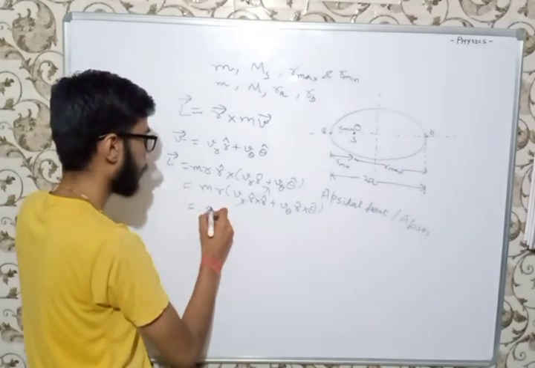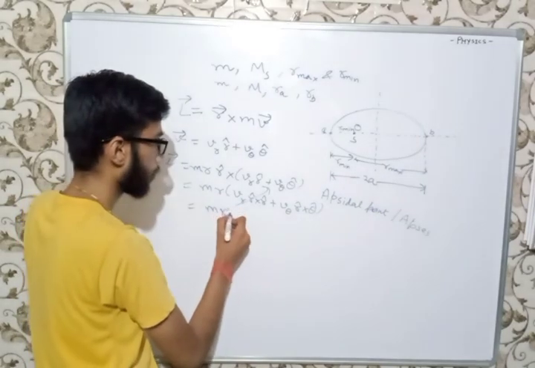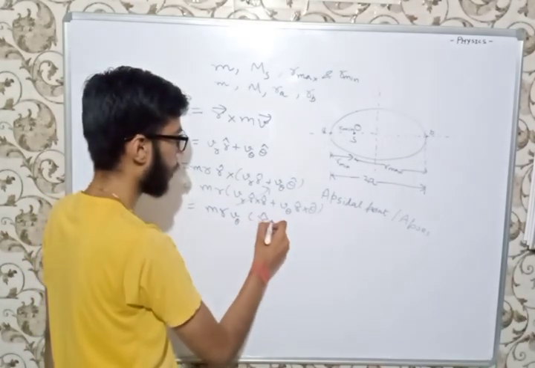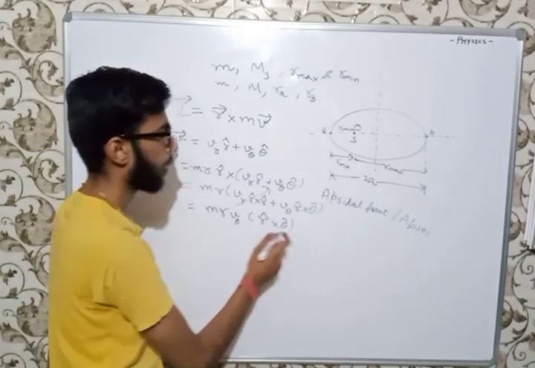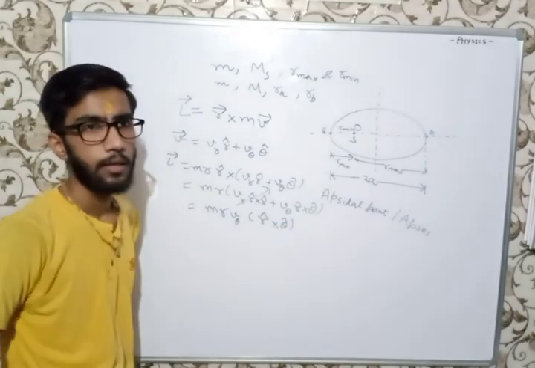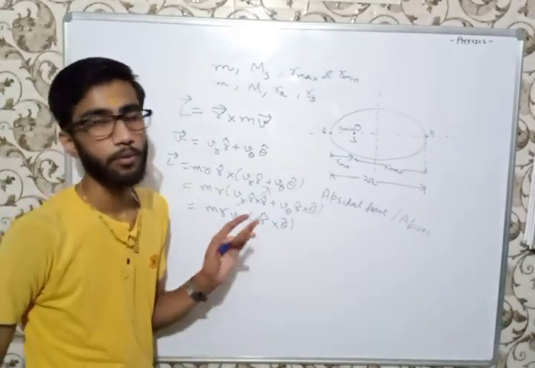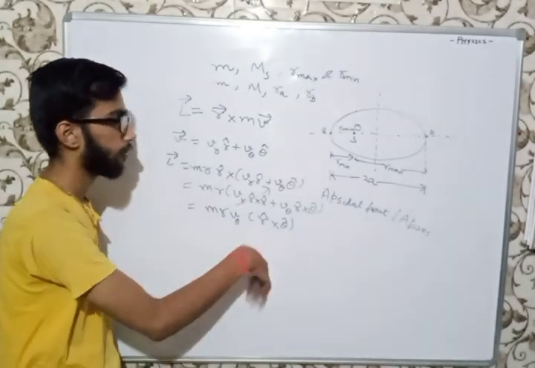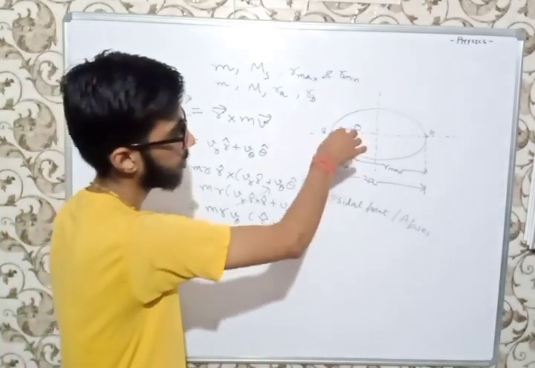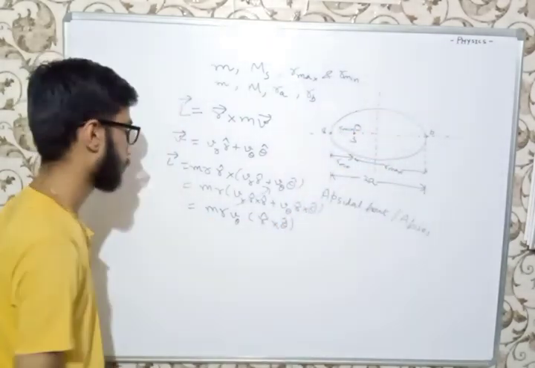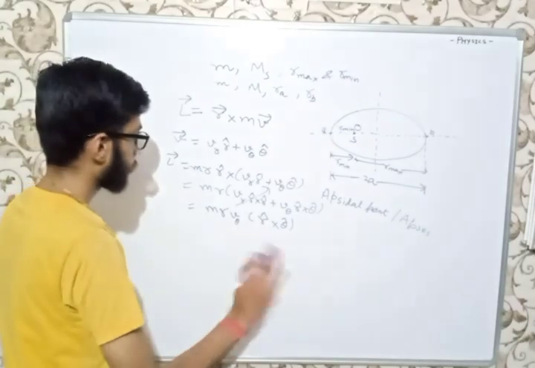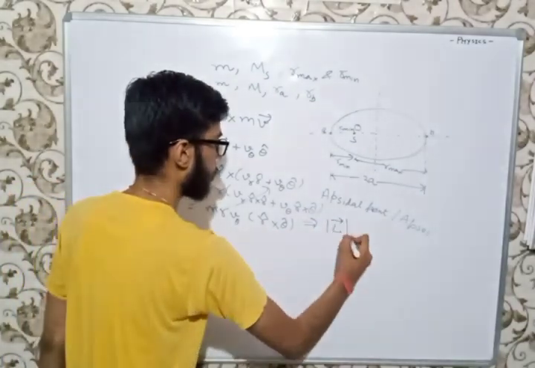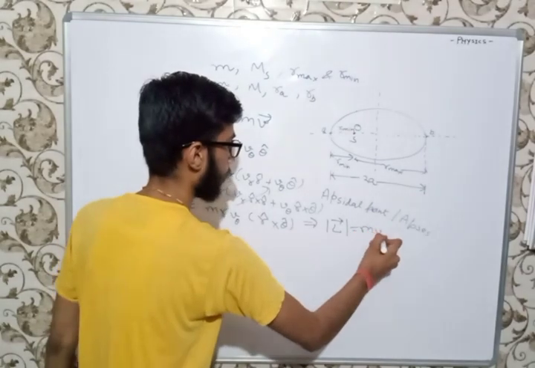It is simply m r v_theta in the direction of r cap cross theta cap, and r cap cross theta cap is phi cap. In 3D spherical polar coordinates, it will be phi cap, which is emerging out from this board. So the magnitude of the angular momentum, mod L, is m v_theta r.